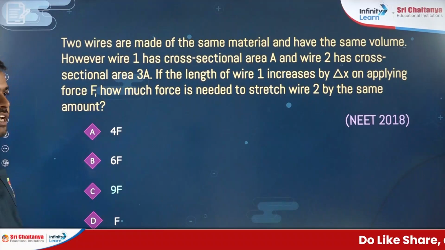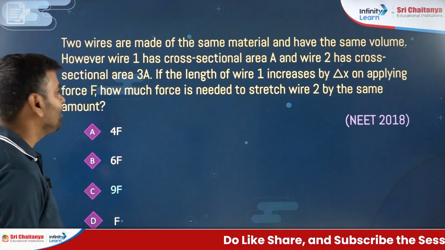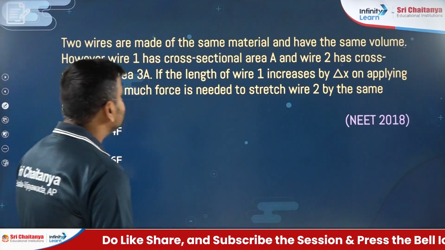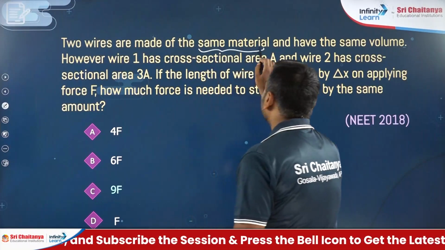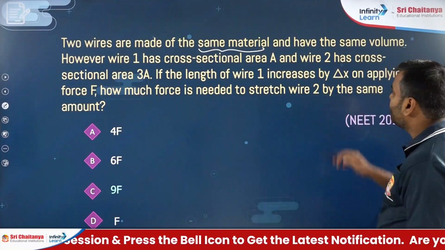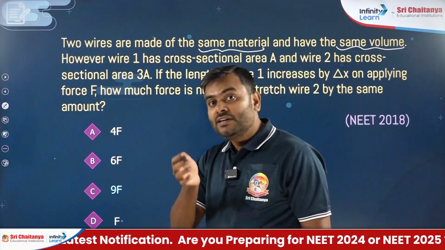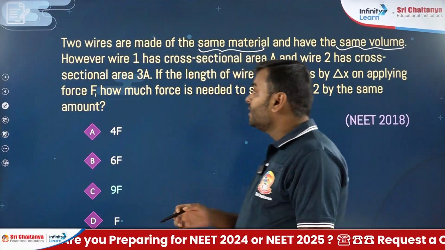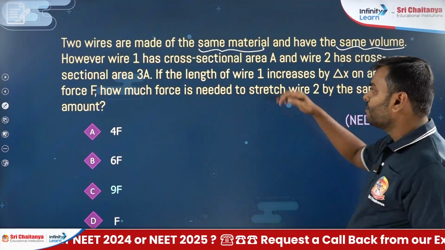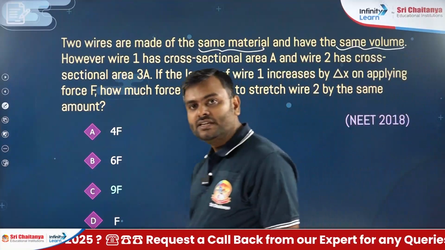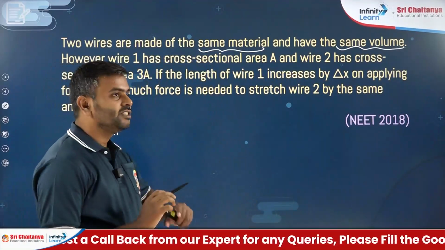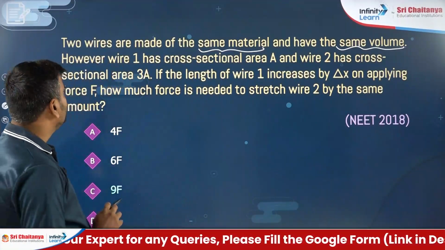In this particular question, they have given that 2 wires are made of the same material and have the same volume. Same material means their Young's modulus is the same and volume is going to be equal.